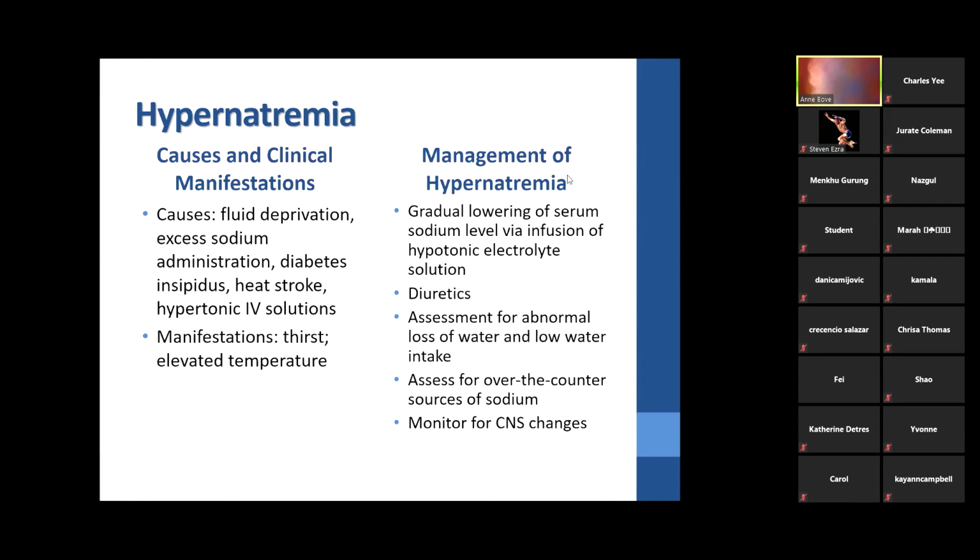Then look at what your water losses are and how that's happening. And then look at whether the person is taking in too much sodium, eating too many salty foods, and then you want to monitor CNS changes.